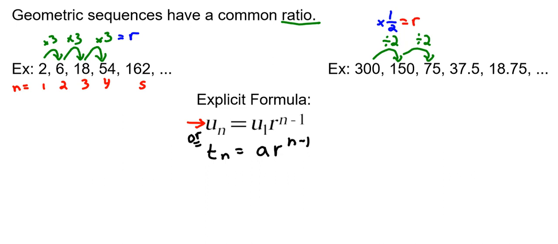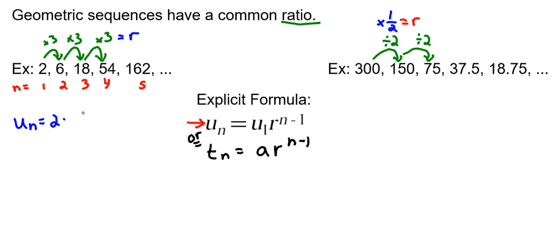So let's go through and quickly create the explicit formulas for both of these examples. So this first one on the left side here, we know that the Un, the general term here for each one, is going to be the first term, my U1 or my A, which is 2, and I'm going to multiply by R to the n minus 1.